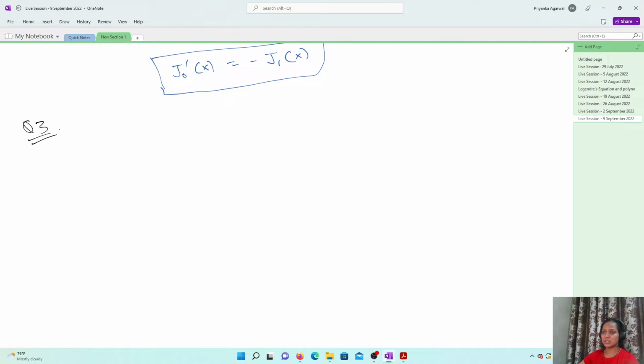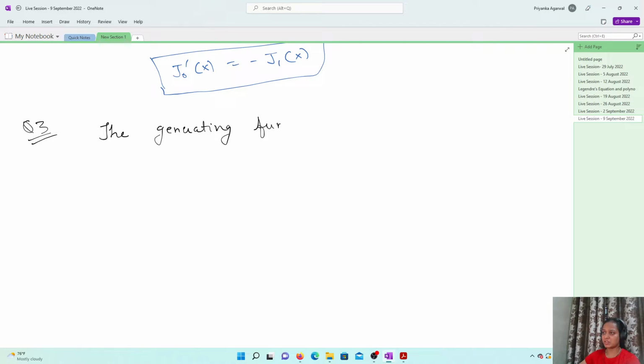Now let's take a look at another question. Okay, so we have seen in the previous question how we get the generating function.